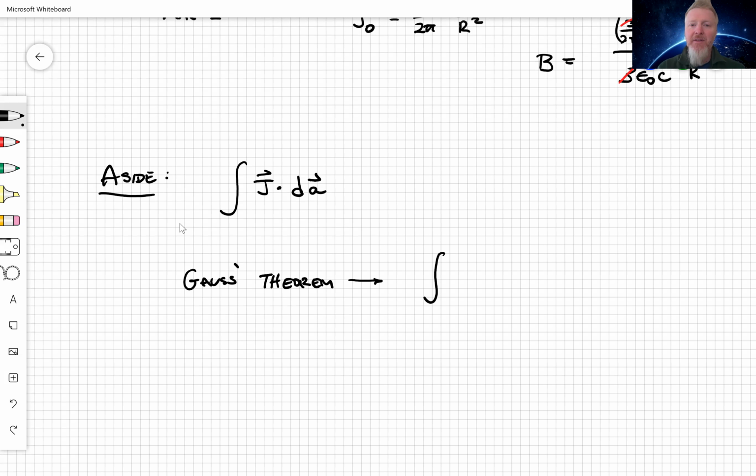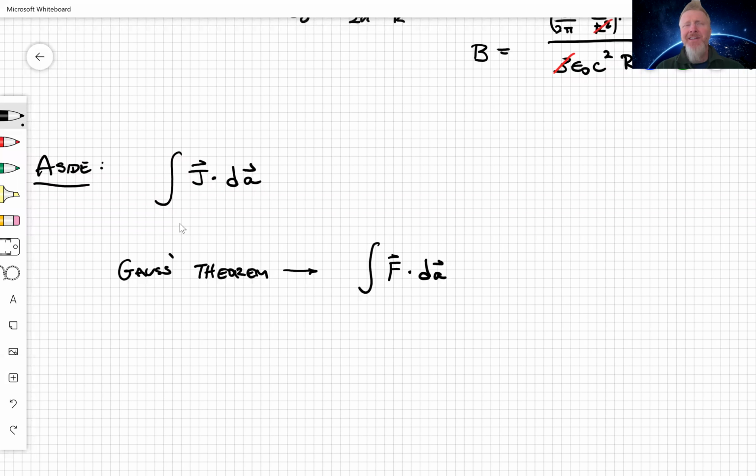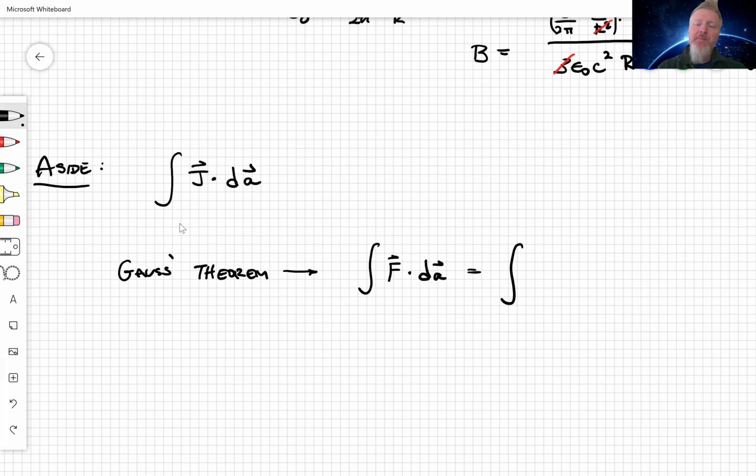So here's your function f, and you are thinking of taking f dot dA, like you're going to find the flux of this function through a surface. I mean, they use the word flux. I don't know. Math people, I'm not sure they know what flux really is. It turns out that that's the same thing as doing the integral of the divergence of f, okay, like that, over a volume, dV.